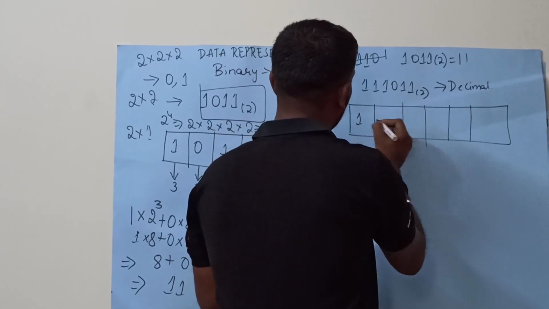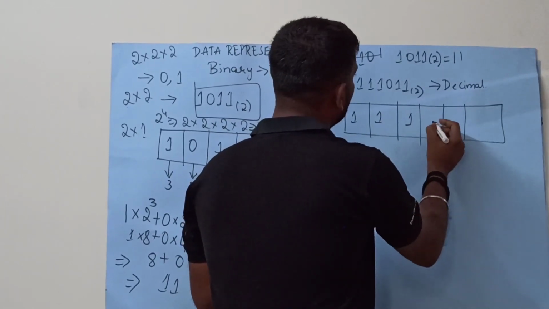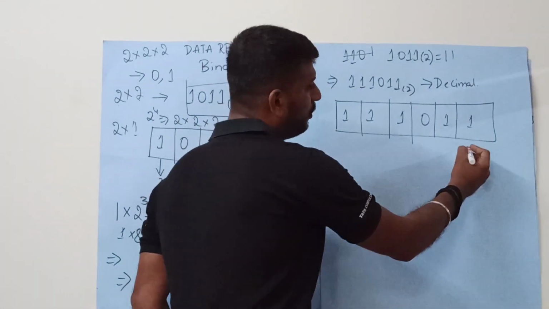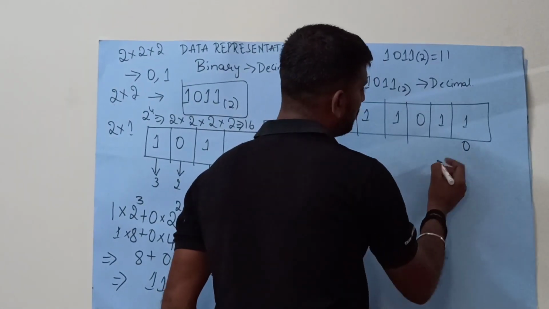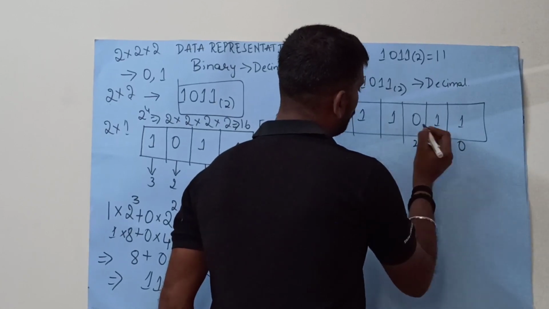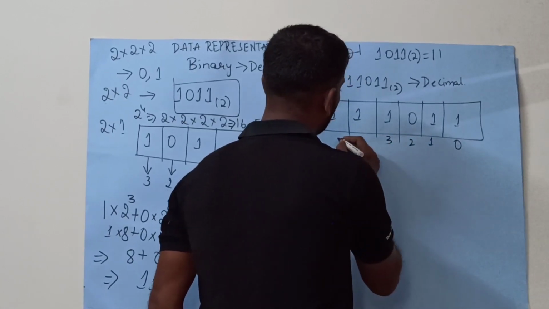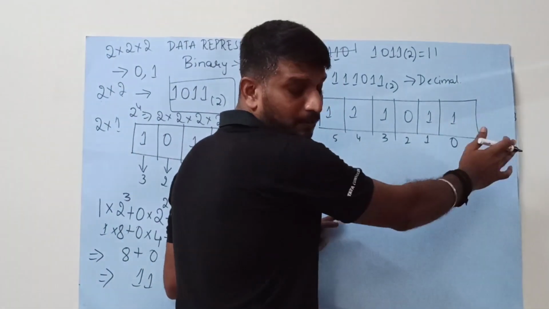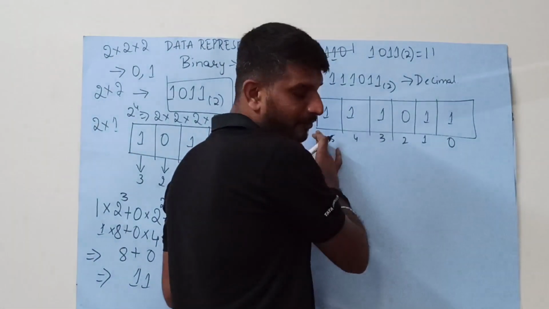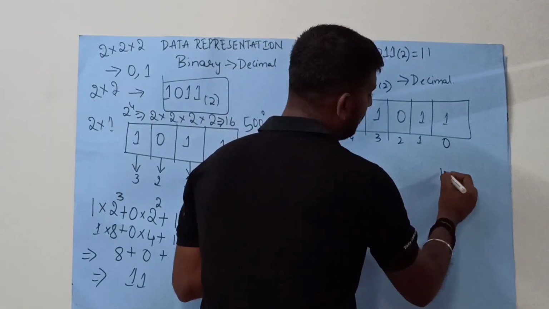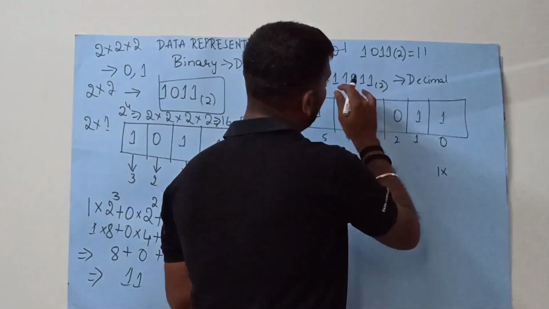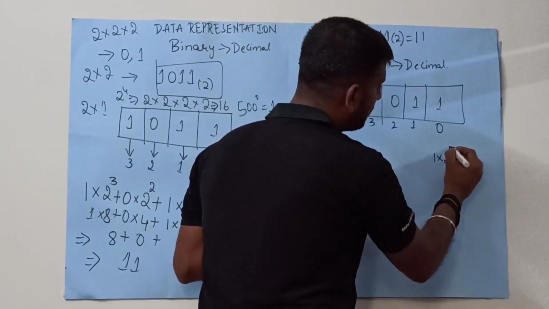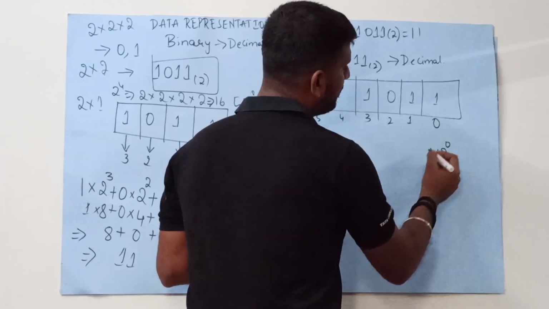So the number is 111011. As I have told you, the rightmost power will be equal to 0, 1, 2, 3, 4, 5. Next, from the rightmost side you have to start towards the leftmost. So 1 into, since you are converting from binary to decimal, you have to multiply it with 2 to the power of 0.